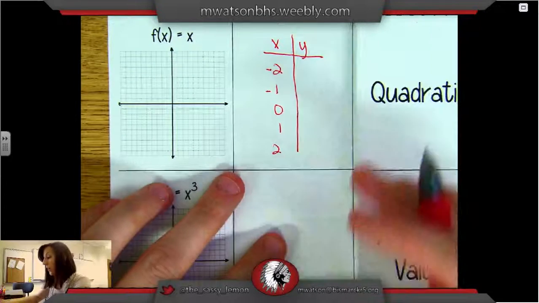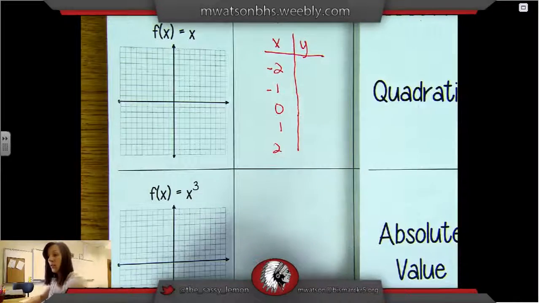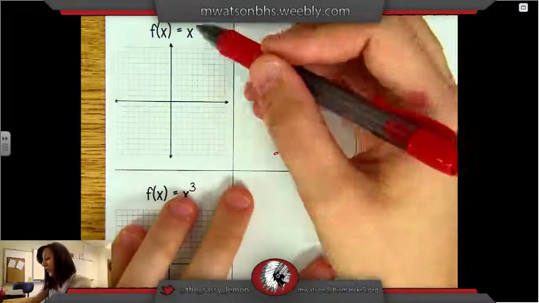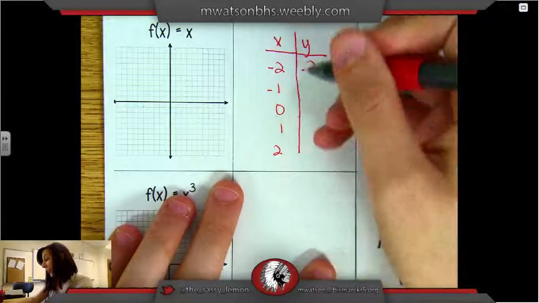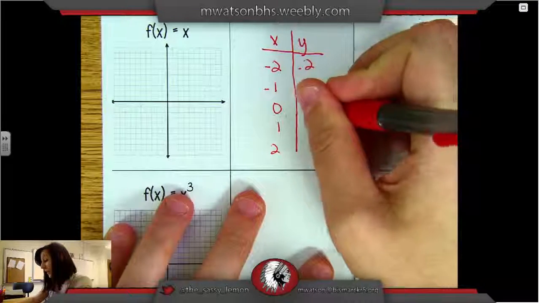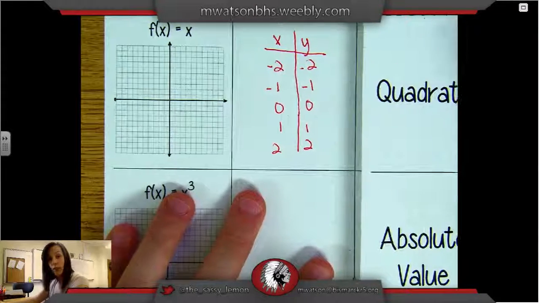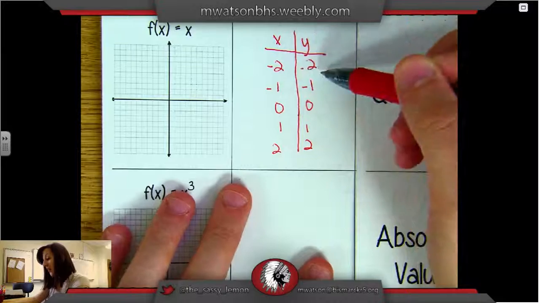And what we're going to do now is just plug in our x value and get our y values. So whenever we plug in -2 into this function, well, we just get -2. We plug in -1, we just get -1. We plug in 0, we get 0, and so on and so forth. So this function, the x value of a coordinate is the same as the y value.